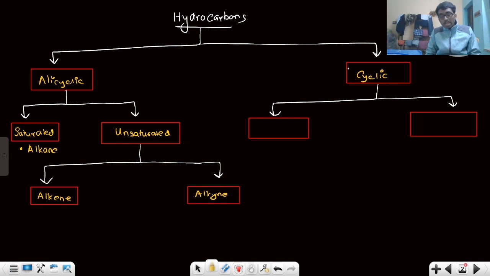Now under cyclic, we have two types of cyclic compounds. One is a normal cyclic, another one is a little bit different type of cyclic. One cyclic says, I'm a normal cyclic. Another one will say, no, I am a very special kind of cyclic, so I will be called aromatic cyclic compounds. Clear? So we have the normal ones, that is cycloalkane, and we have aromatic compounds.